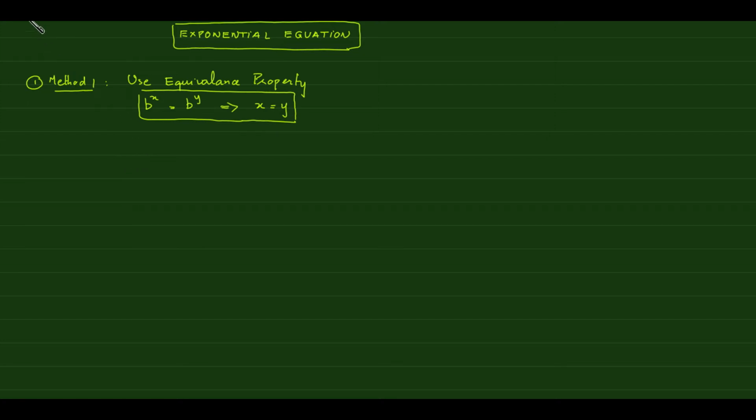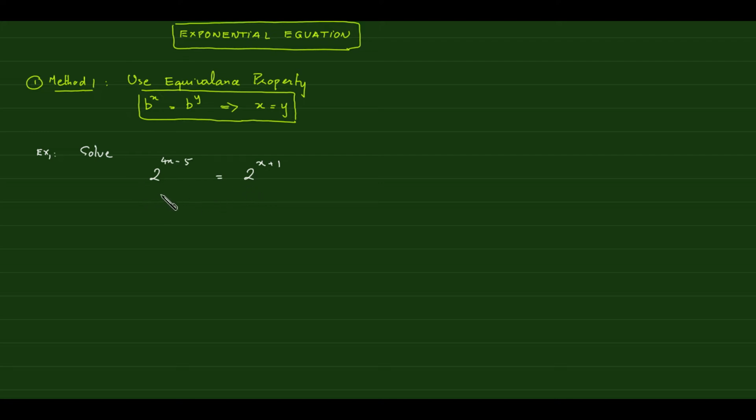Okay, for example, let's start with our first example here. Example number one: what if I have 2 raised to 4x minus 5 equal to 2 raised to x plus 1? So I have an exponential expression here and another exponential expression. Now the base is the same.